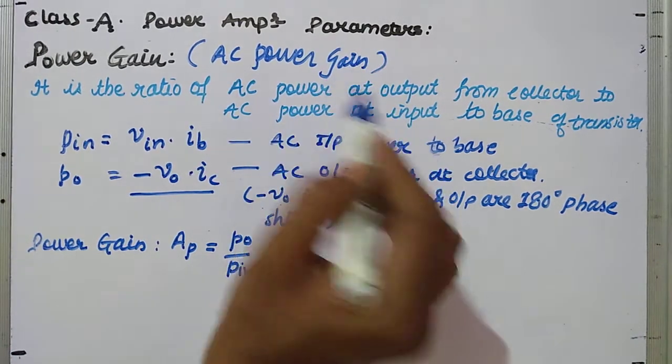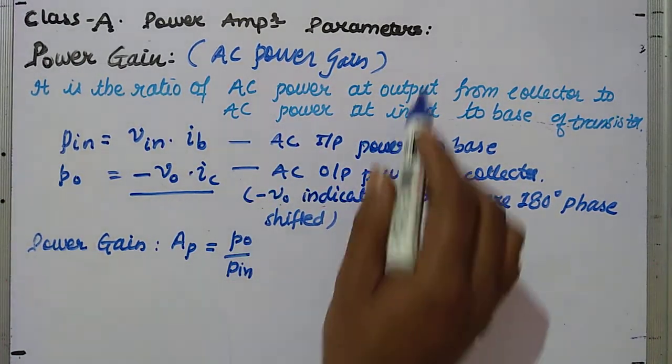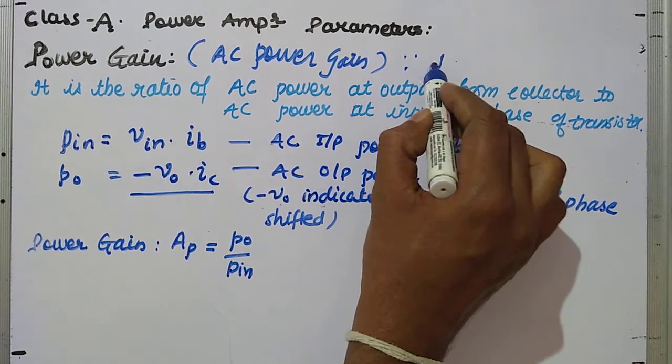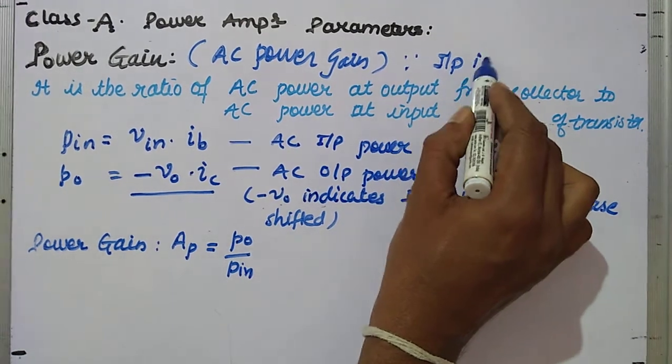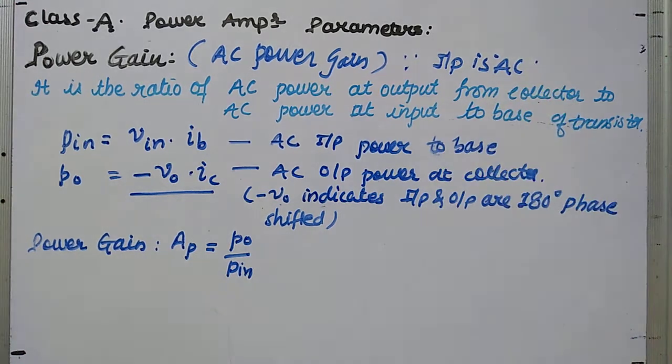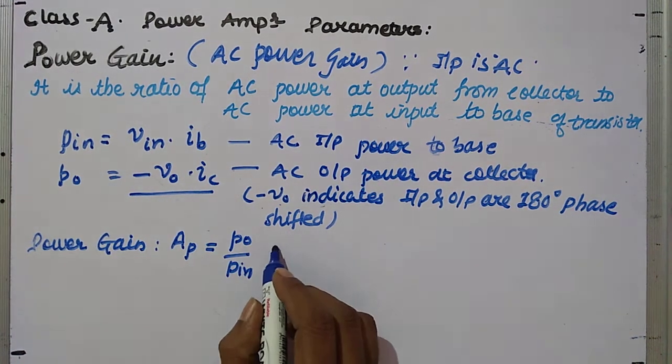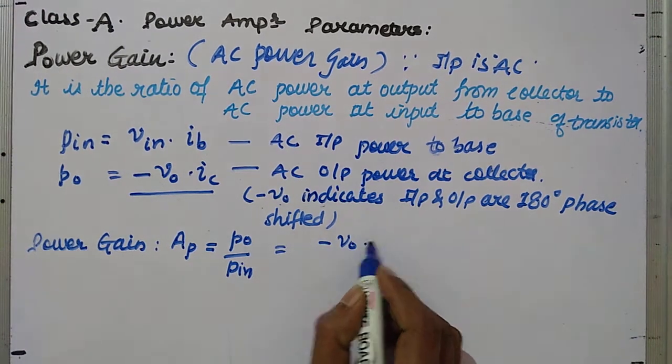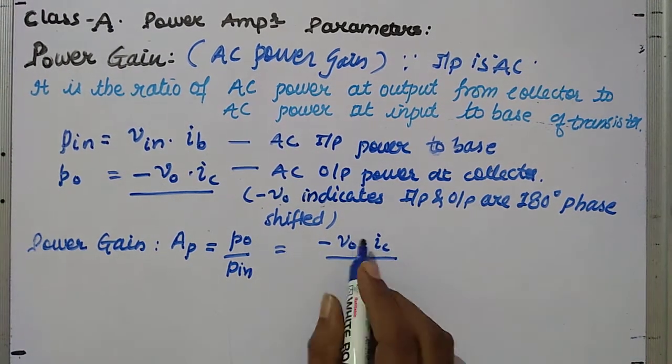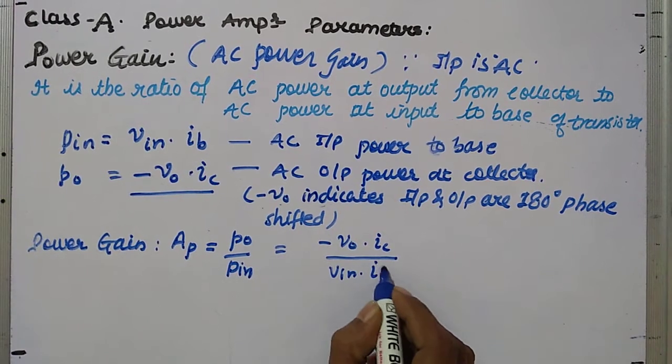Why AC? Because the input signal is AC. Okay. So power gain, now we will put up the formula for this. So minus Vo into IC divided by Vin into IB.